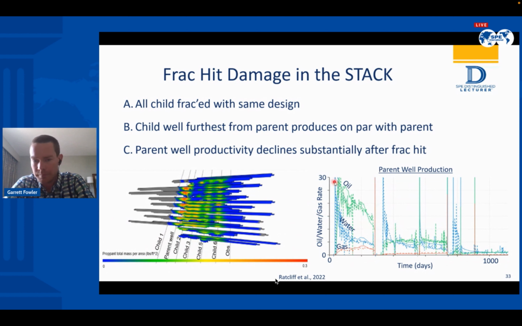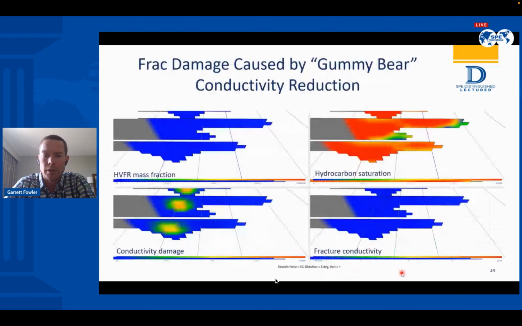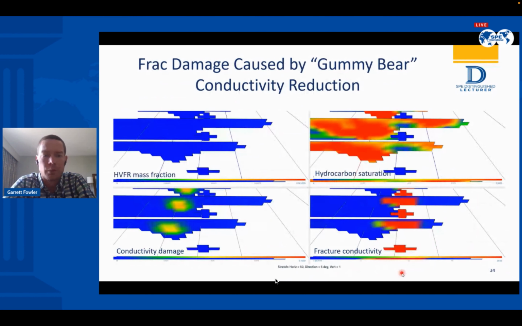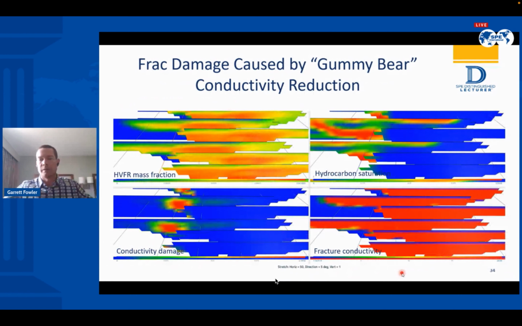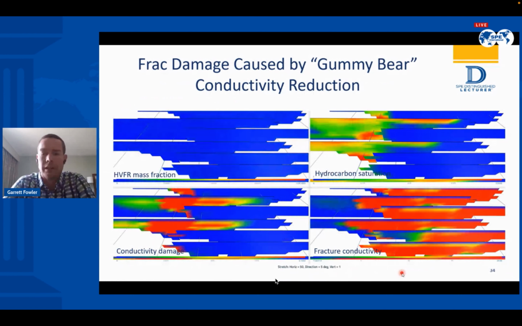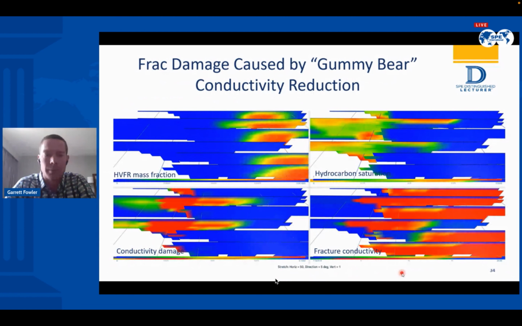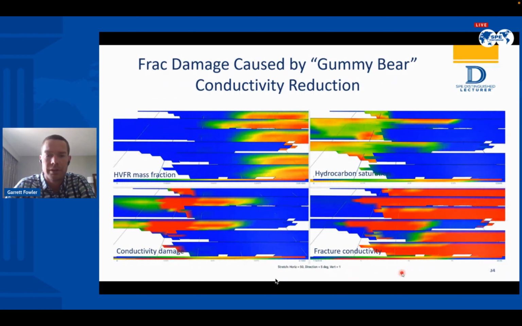Again, the dashed trends here are the actual data. The solid lines here are the modeled data. And so the way that we're able to replicate this in a model is through the formation of a conductivity damage within those fractures. So we know that these fractures are forming in a planar manner, propagating in the direction of maximum principal stress.